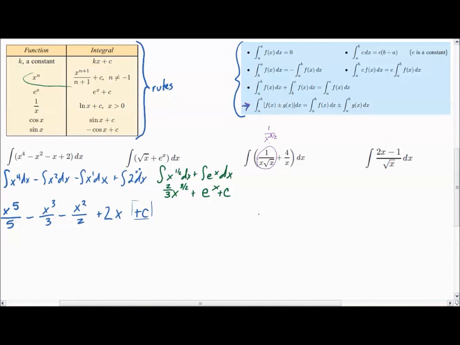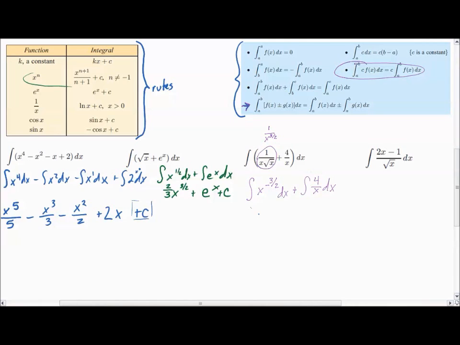Now we know that we can rewrite that as the integral of x to the negative 3 over 2 dx plus the integral of 4 over x dx. Now we can recognize that this 4 is a constant, and the constant, as we noted in the sixth integral property, that 4, can be pulled out.